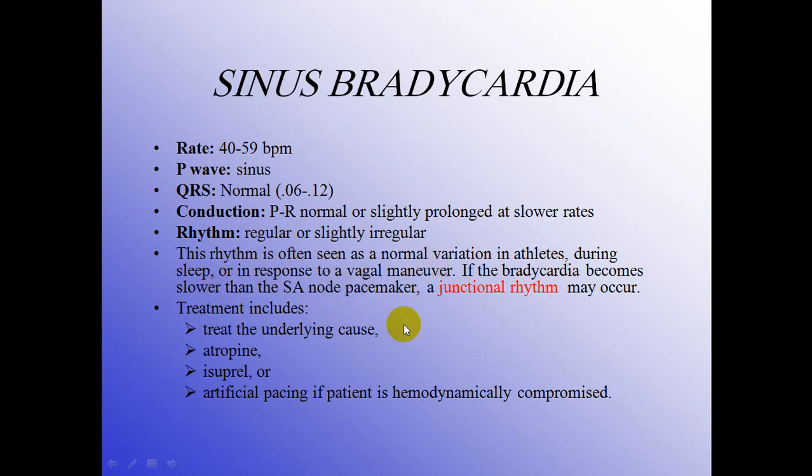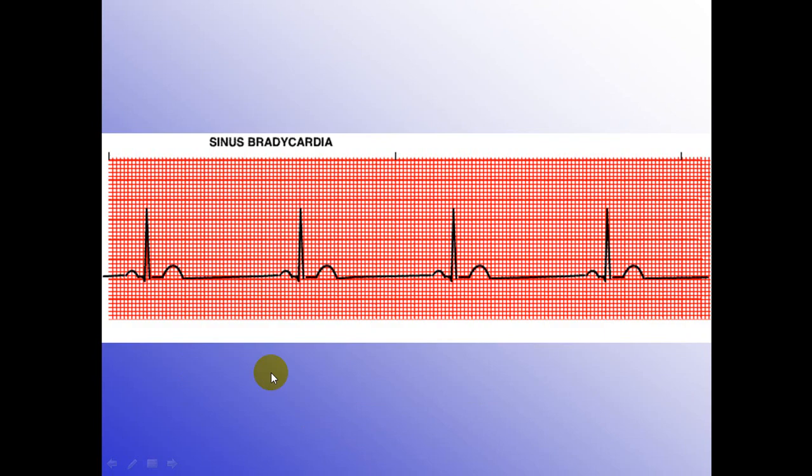If the bradycardia becomes slower than the SA node pacemaker, a junctional rhythm may occur, which we'll discuss. Treatment includes treating the underlying cause, atropine, isoprenaline, and artificial pacing if the patient is hemodynamically unstable.